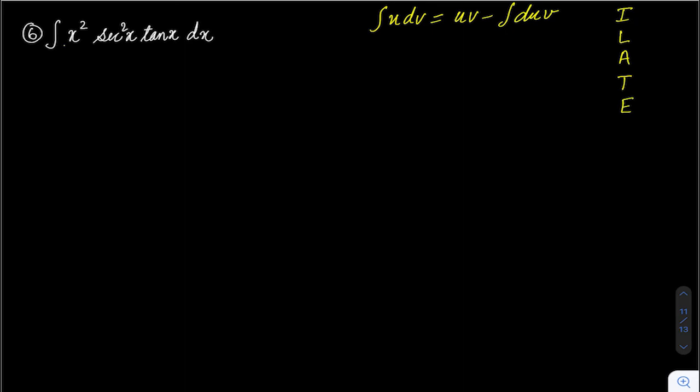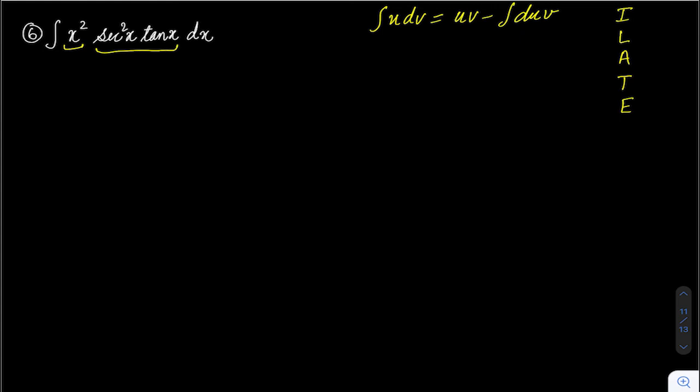Now if I look at this closely, I can see that x square is there and the rest I can take as one function because this is trigonometry. So which comes first? Algebraic comes first and trigonometry comes second.